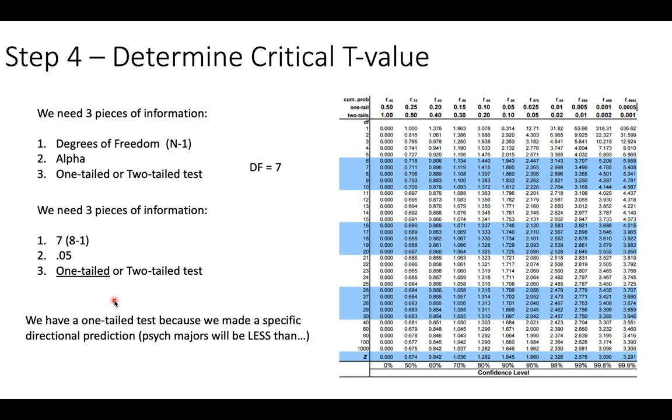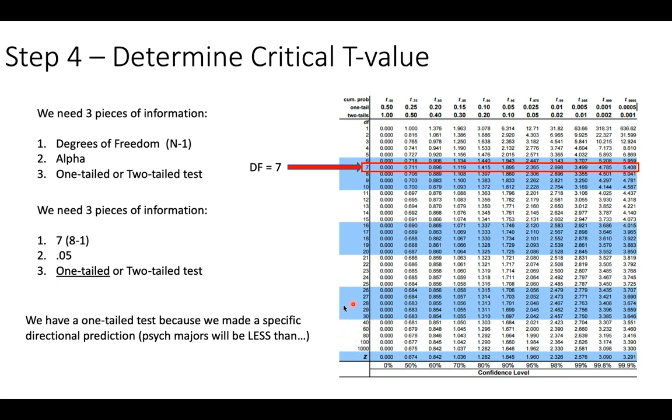First, we have 7 degrees of freedom, so we know that we're going to be operating on this row of 7. Now, for future reference, you can see that this table does not have an exhaustive list of degrees of freedom. Once we hit 30, it starts jumping around a little bit: 30 to 40 to 60 to 80, 100, 1,000.